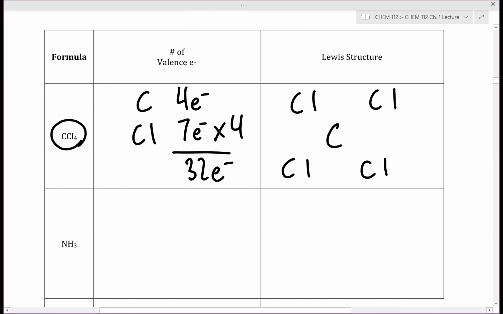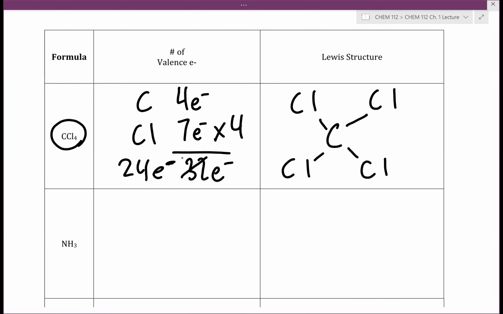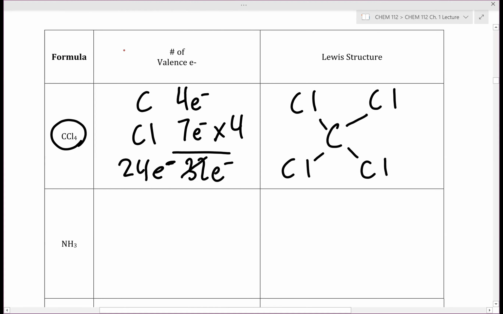Next, following my rules, I'm going to form 1 bond each. Okay, so from this, I have used up 2, 4, 6, 8 electrons, and I now have 24 electrons to work with. Next, I'm going to place lone pairs on my chlorines to complete the octet. So how many lone pairs do each of these chlorines need?